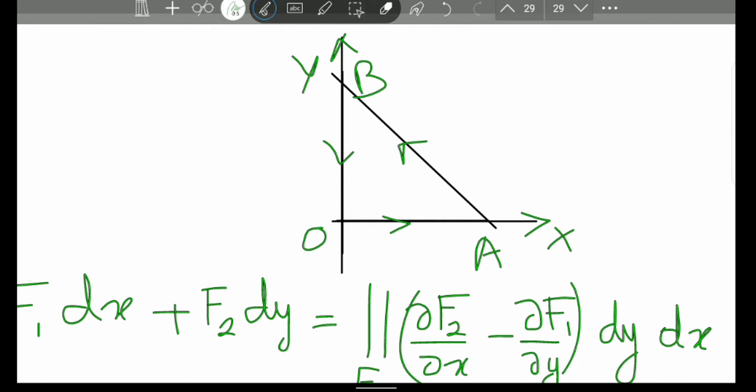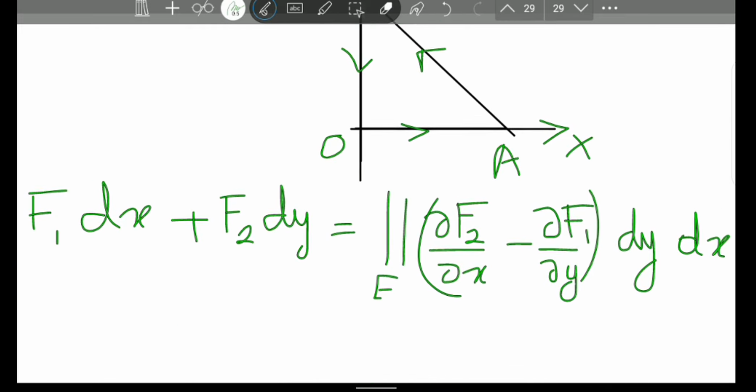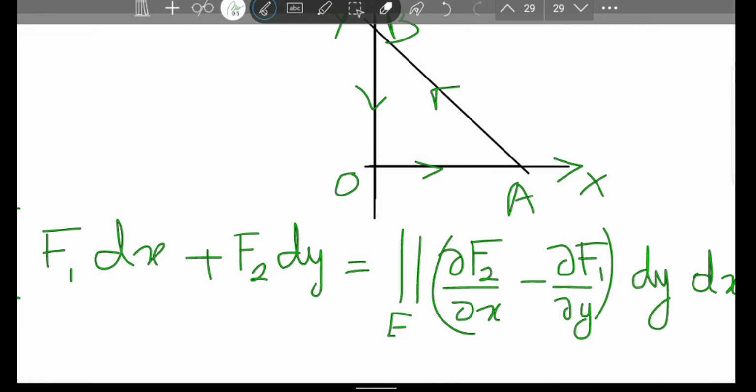We need not just a closed curve but a directional closed curve. So we have a closed curve OAB, and of course it's easier to evaluate the integral over the region. Let's evaluate the integral over the region first.